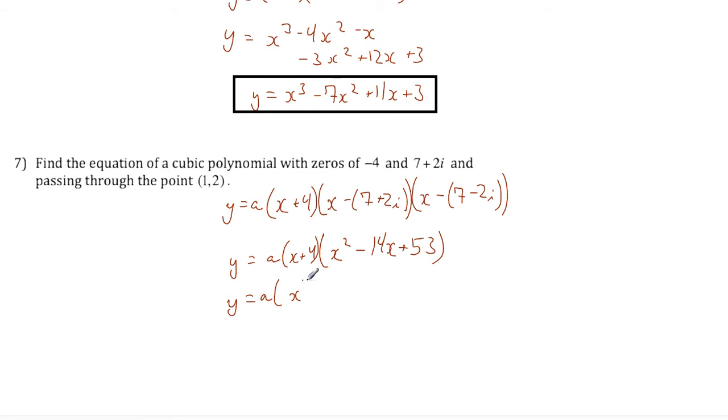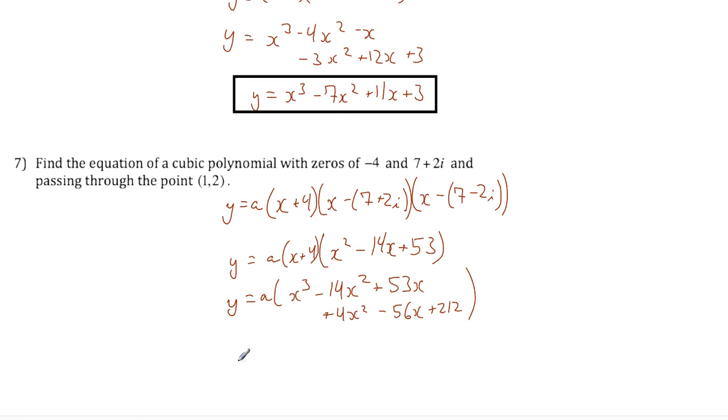So we're going to have x to the third minus 14x squared plus 53x plus 4x squared minus, sorry, 14 times 4, which is minus 56x, and then plus 53 times 4, which is going to be 212.